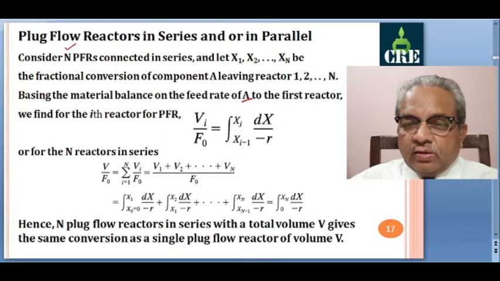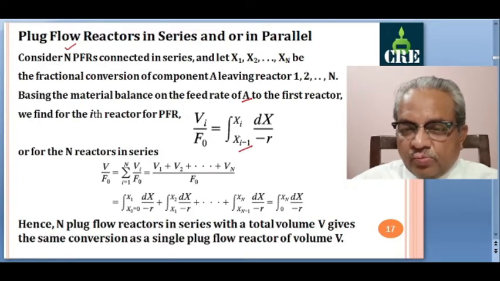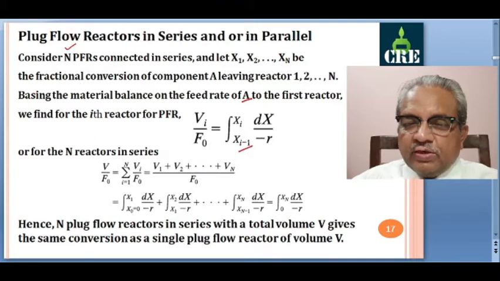XA coming out is Xi, and what is entering is from the previous reactor. If this reactor is Xi, then from the previous reactor it is coming from Xi minus 1, and this is dx by minus r.